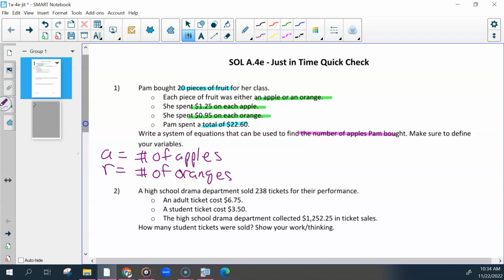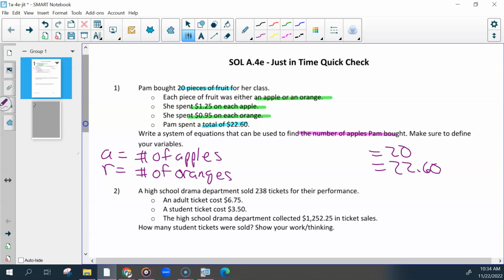Then we have two totals, the 20 and the 22.60. So we know our two equations are going to equal those two things. Money always goes with money, so if you have three numbers of money, those will all go together in the same equation.